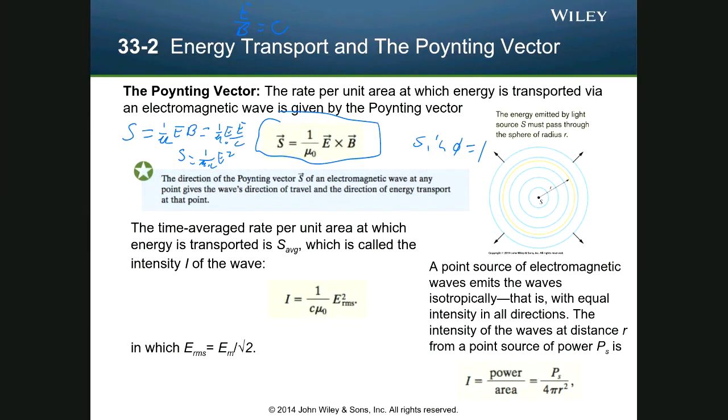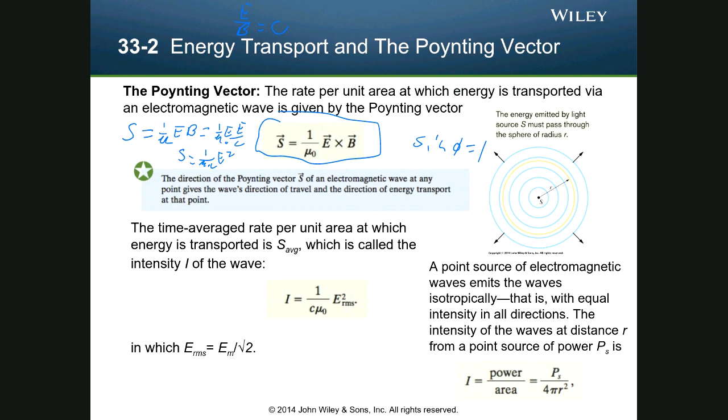Now, we want to note that the direction of the Poynting vector, S, of an electromagnetic wave at any point gives the wave's direction of travel and direction of energy transport at that point. And the time average rate per unit area at which energy is transported is the average of the Poynting vector. All right, so you'll notice it says rate per unit area at which the energy is transported.